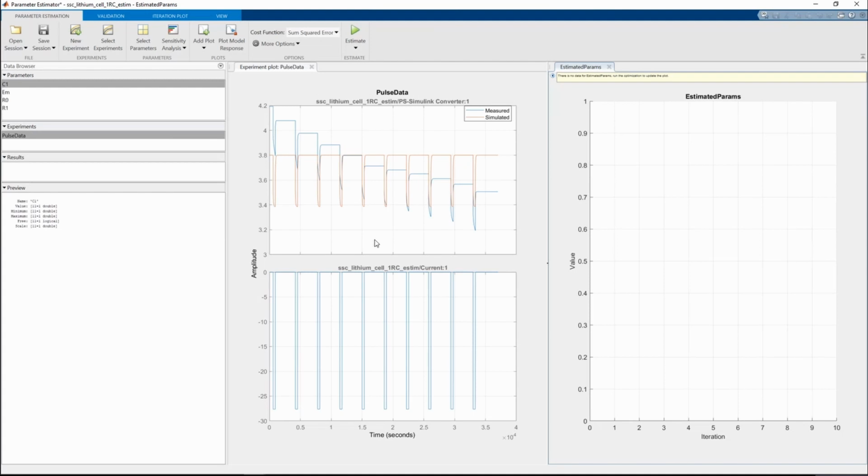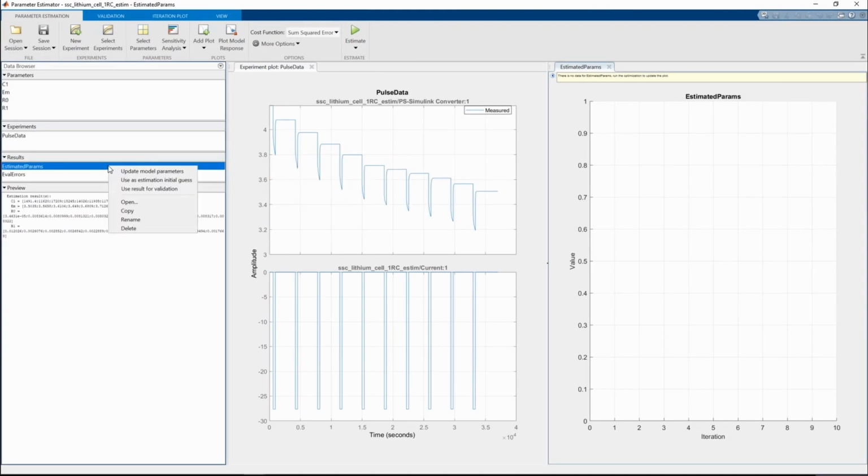Since it would take some time to run the estimation, I've already prepared the results. If I update the model parameters from the estimated results and plot the model response again, we see how the difference between simulation and the experimental data is minimized.